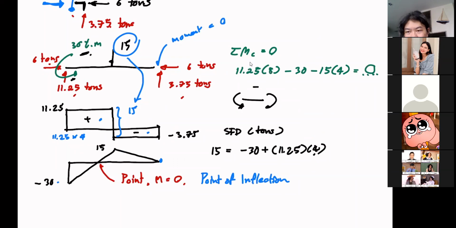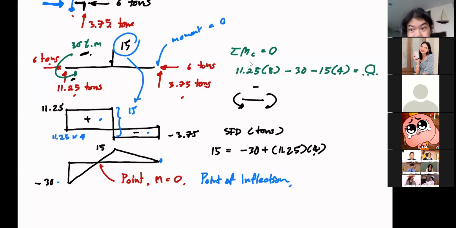However, if you are going to complete your diagrams, you should be able to locate this point. How you can locate this point should be mentioned in statics or mechanics of materials class. Anyway, if that's not the case, I'm going to tell you how easy it is to locate this.